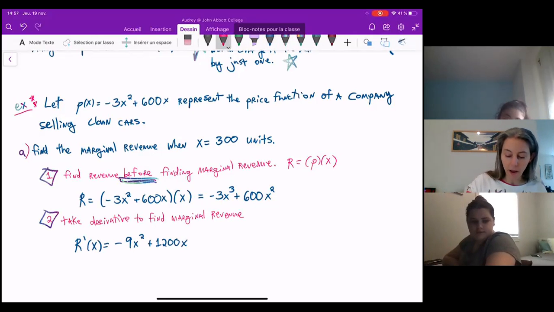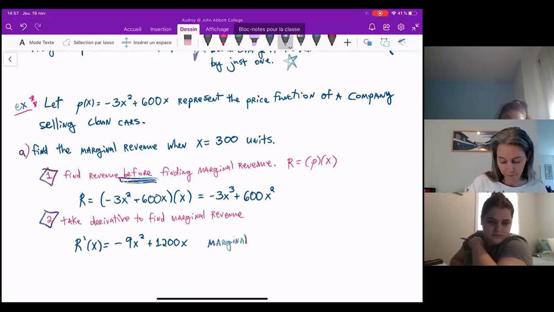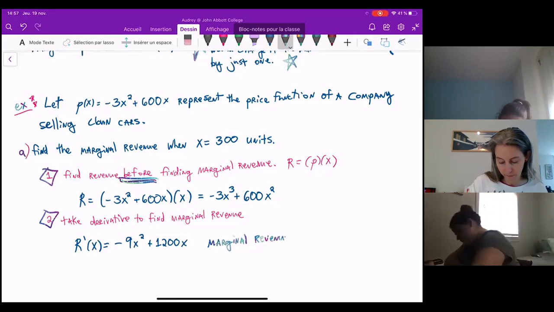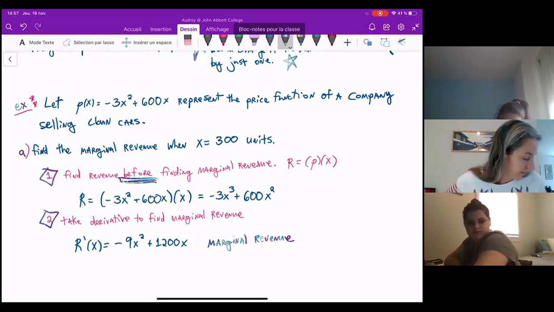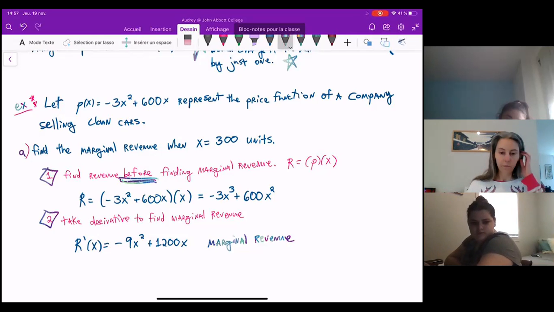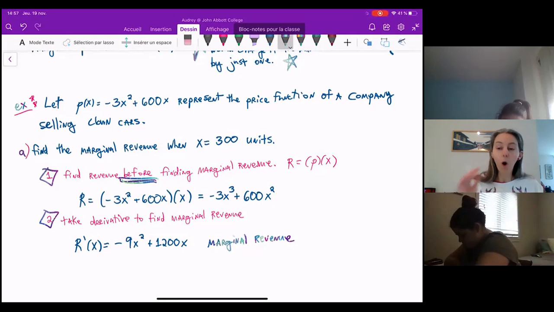That is my marginal revenue function. Only after we have found the marginal function do we plug in the value in question.